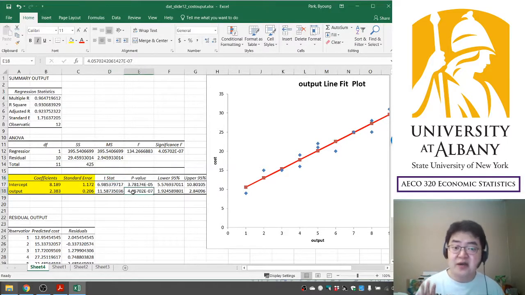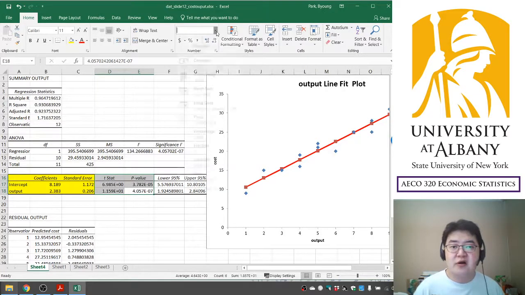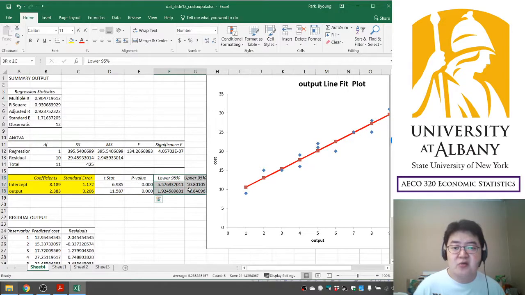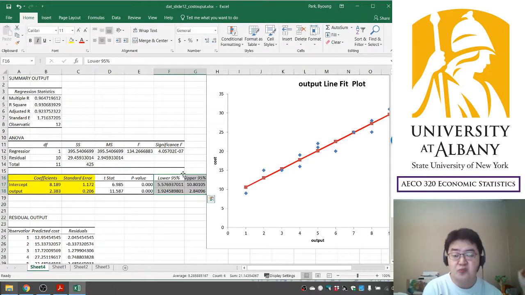They must be some kind of hypothesis testing, and I will tell you what they are later. And here, lower 95%, upper 95% are the 95% confidence interval. So you may change the confidence level when you implement regression, and here the default is 95%. So 95% confidence interval is obtained.